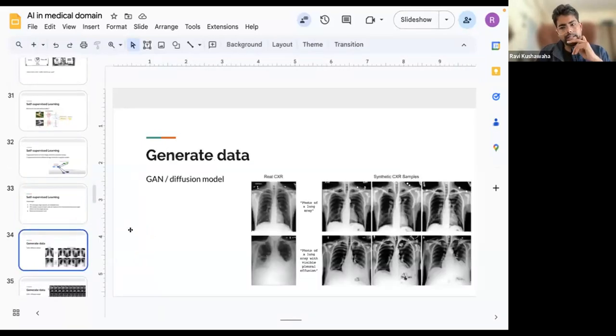But one more thing we can do is to generate more data. Last time it was just the flipped, augmented, rescaled, reshaped or cropped version. But what about generating more data? So here in the image, on the left-hand side, you can see on the top there is a real chest X-ray, and on the bottom, a chest X-ray with visible pleural effusion.